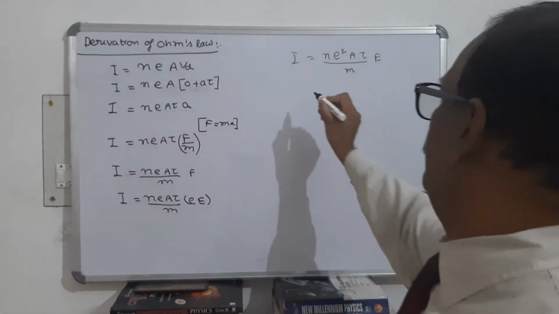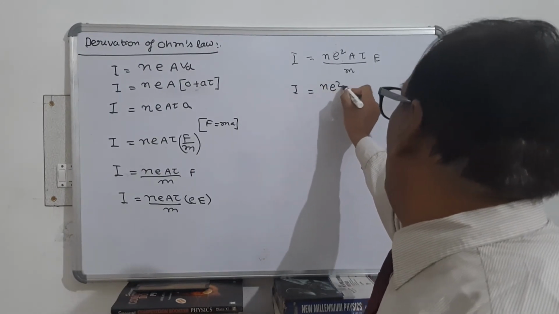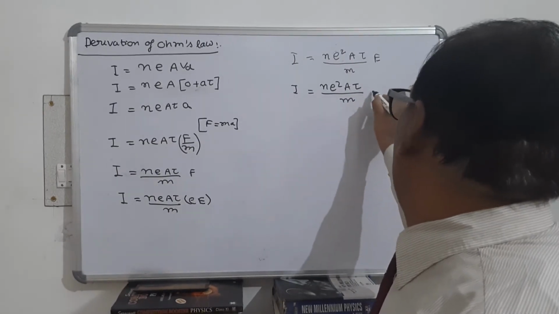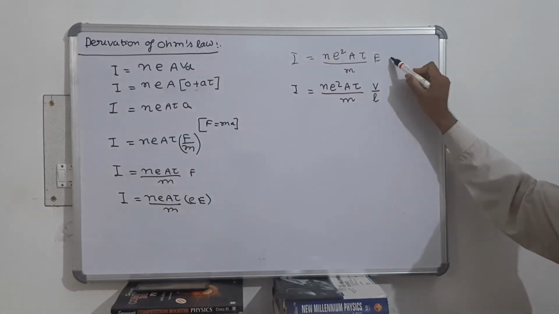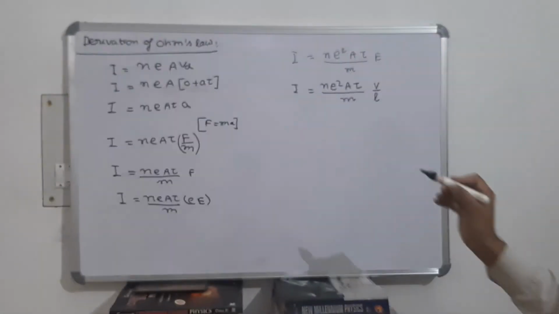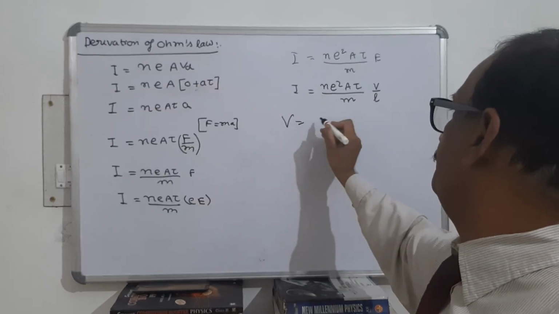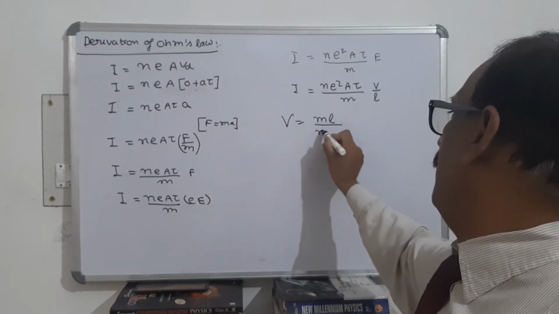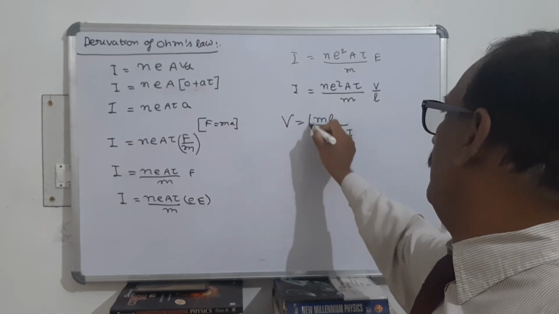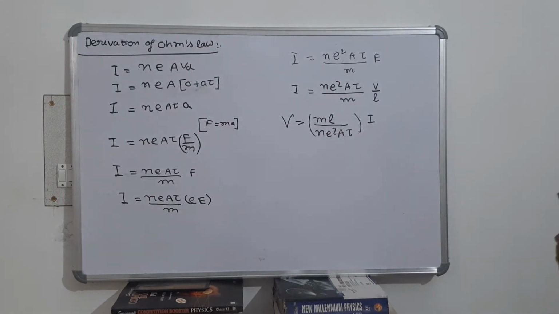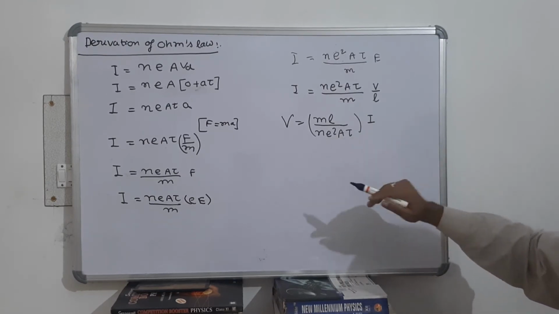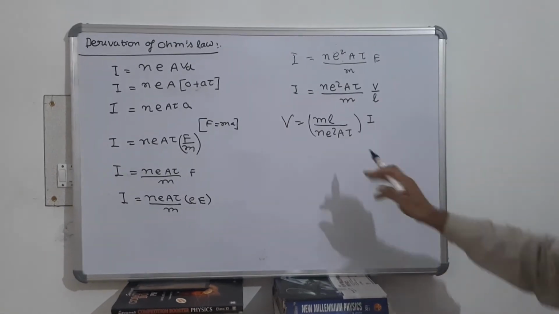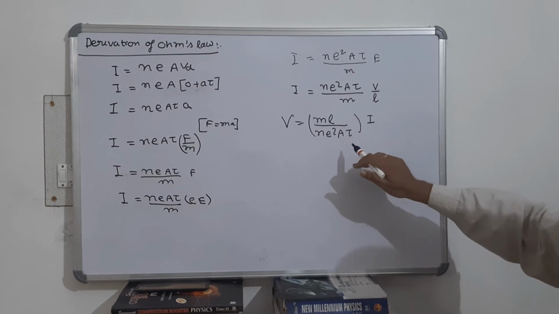Now, if the length of the conductor is L and the potential difference across it is V, you can write E as V upon L. I is equal to n e square A tau upon m, and in place of E I have written V by L. So therefore, V is equal to m L upon n e square A tau into I. If you look at this formula, m is constant, length is constant, free electron density is constant because the material is the same, charge of electron is constant, area is also constant, temperature is the same, tau is also constant.